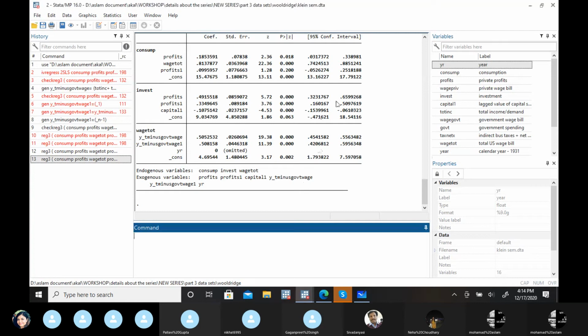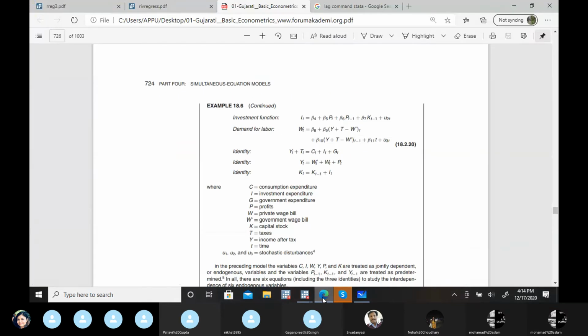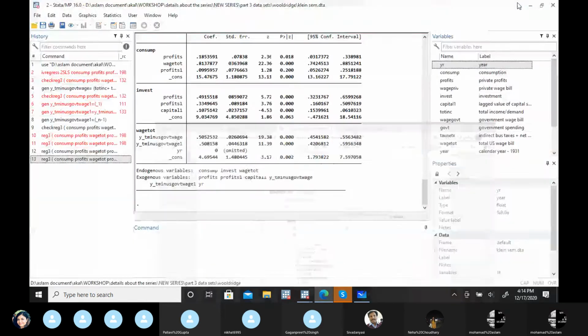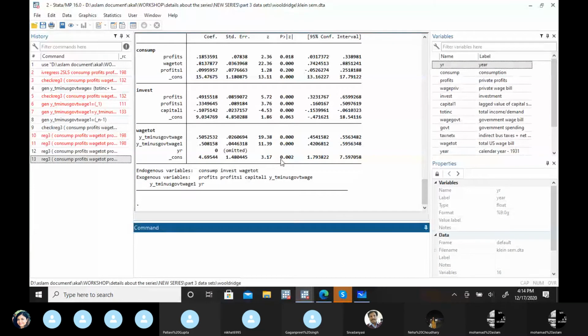Although in this case it took 30 minutes to just run this model based upon this book, and there is a mistake here, but still we can run it, there is no problem. But the background picture you will only get when you do these derivations.